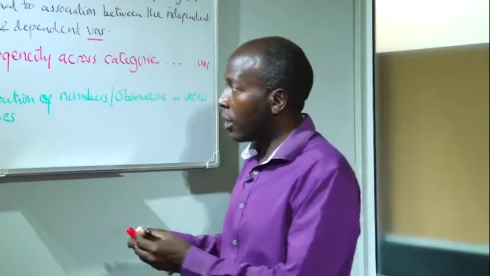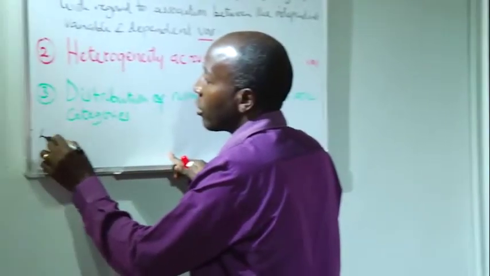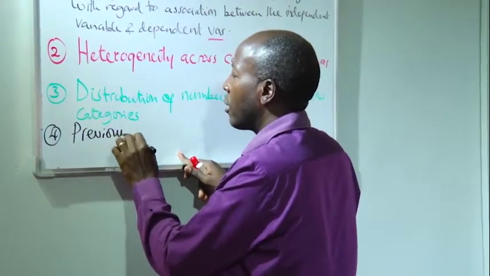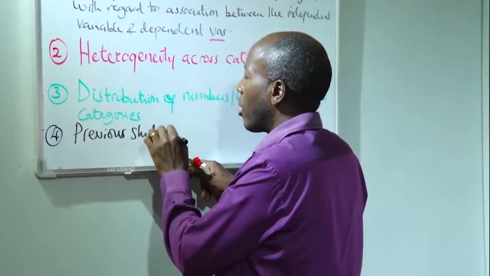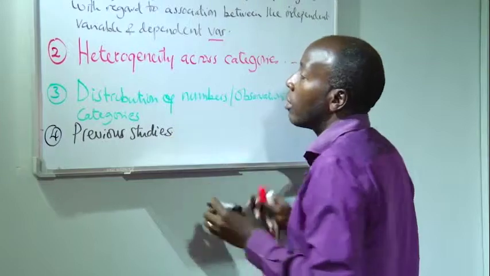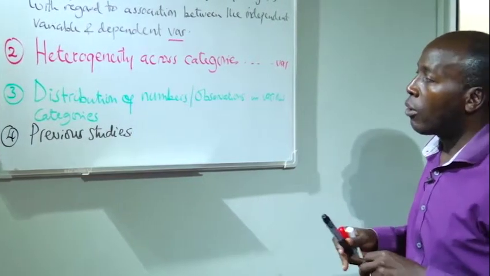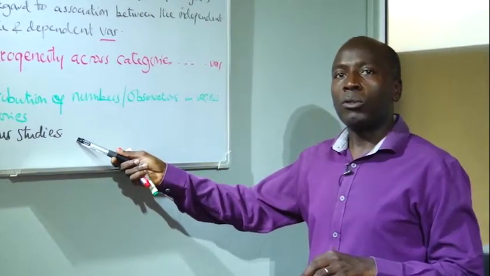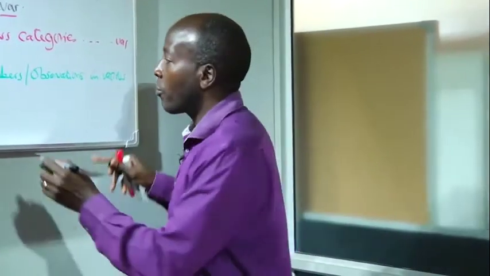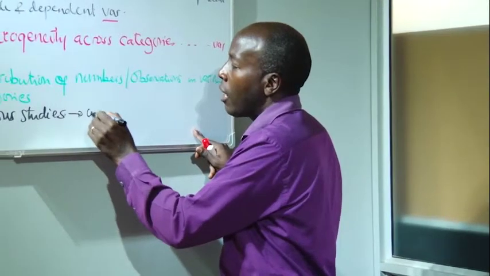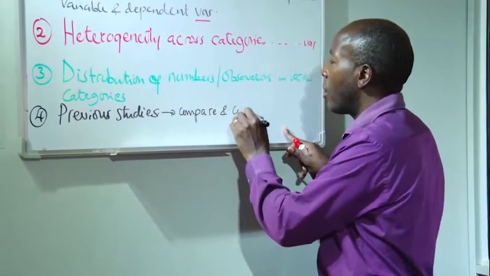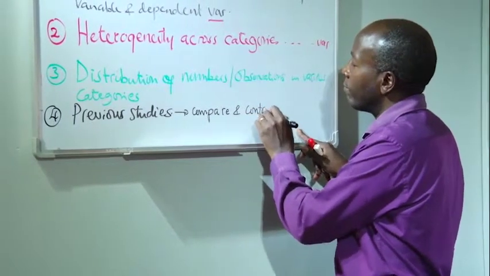And then the fourth is what we've already talked about, previous studies. People may categorize a continuous variable in a similar manner to the previous studies because of the compare and contrast.